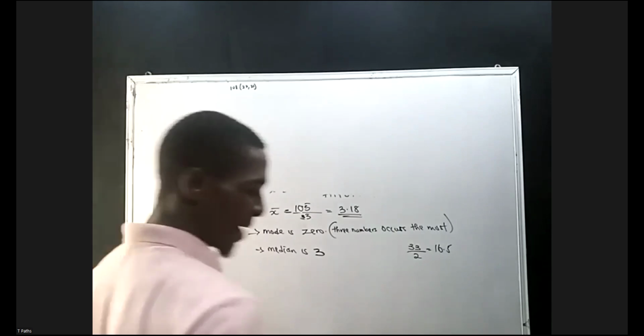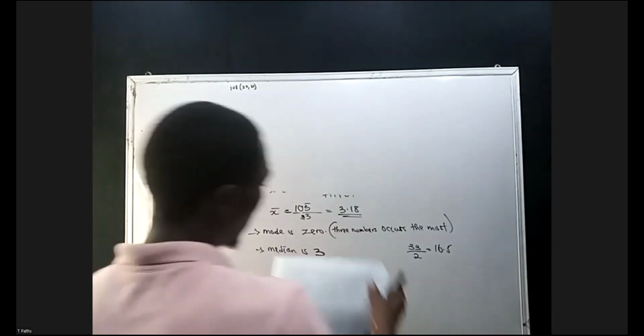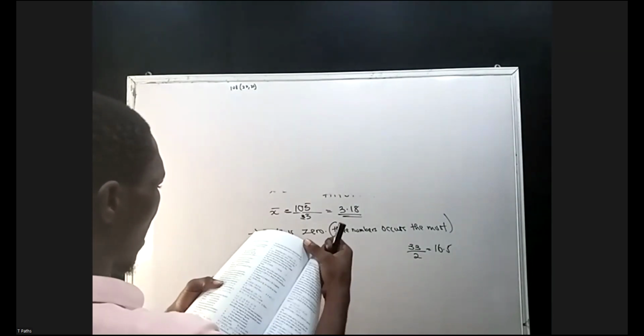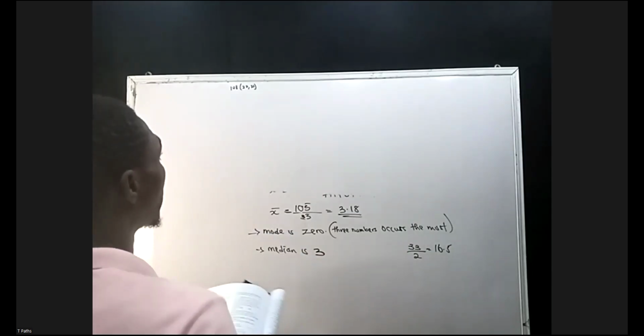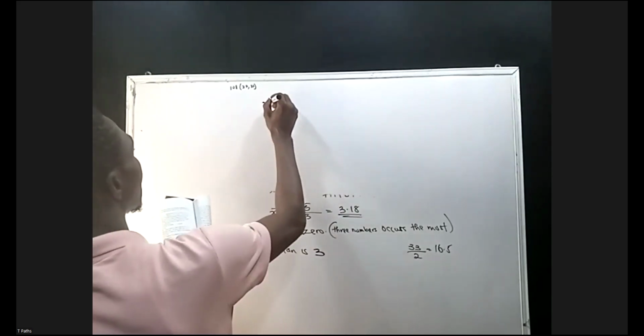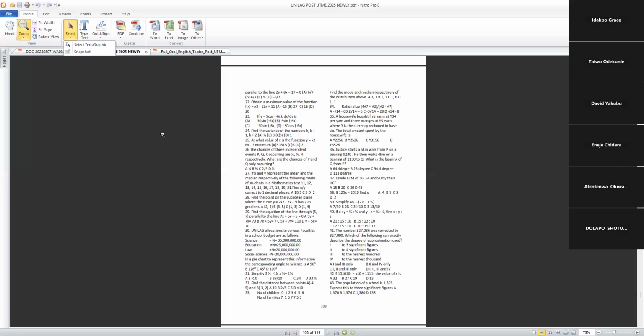The second assignment says that we are given X and Y. We say X is the mean and Y is the median.